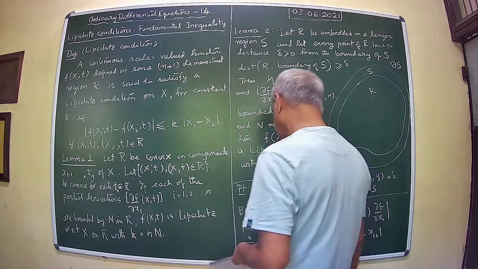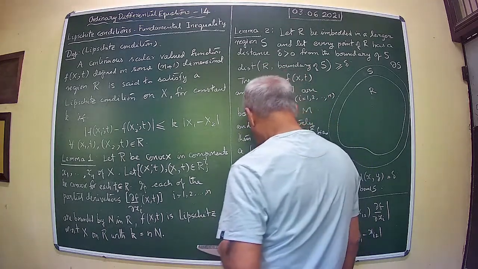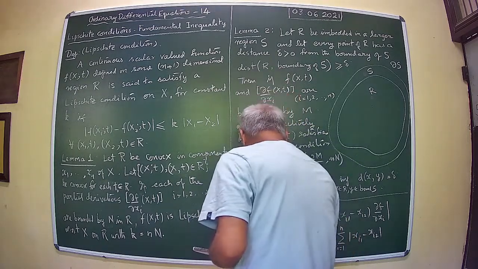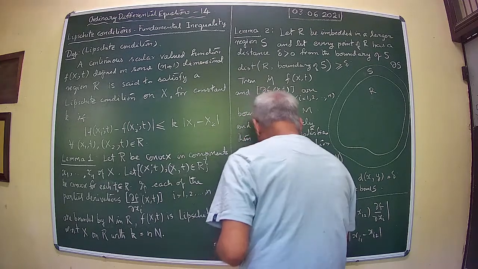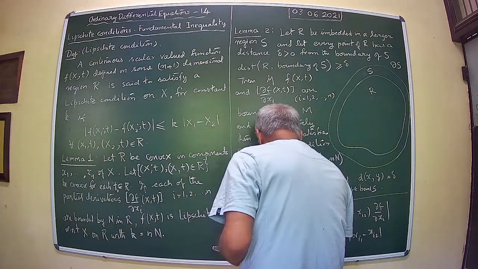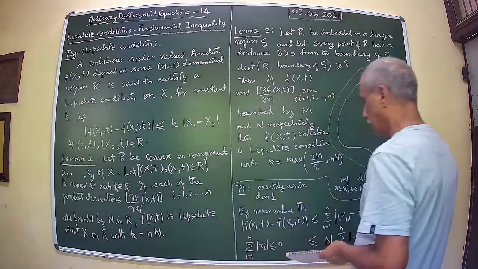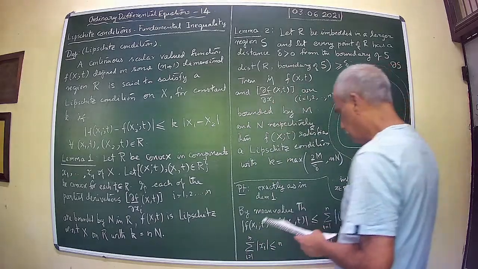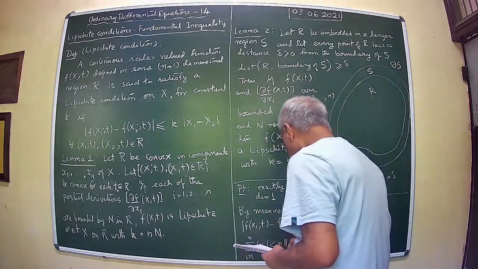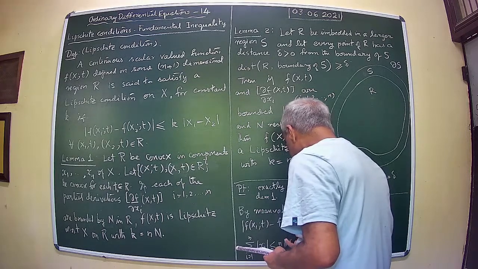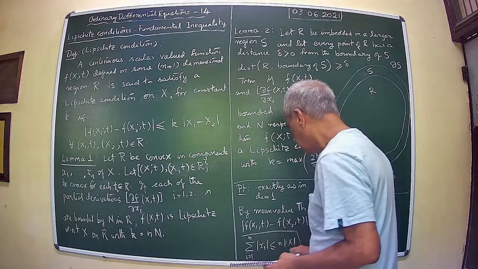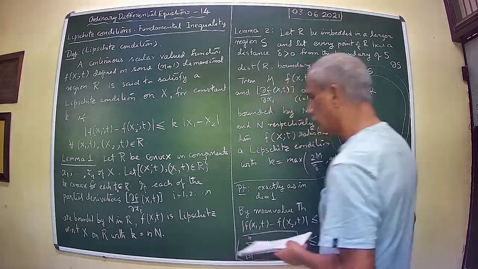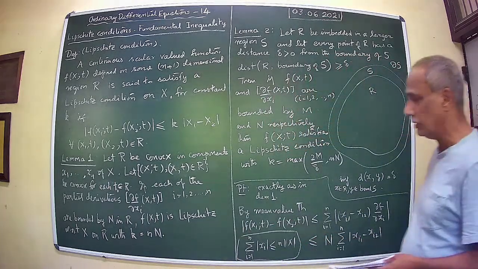This is what n times... this is what we need to see. And we get the required result. Okay, so you can use that.